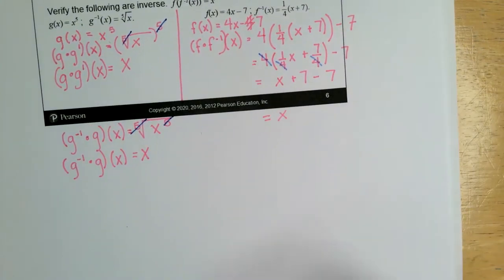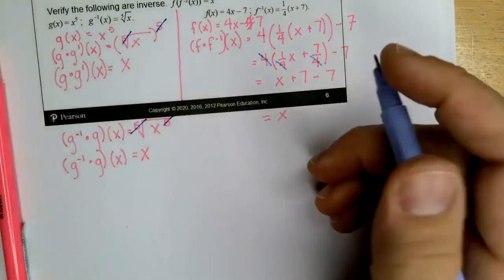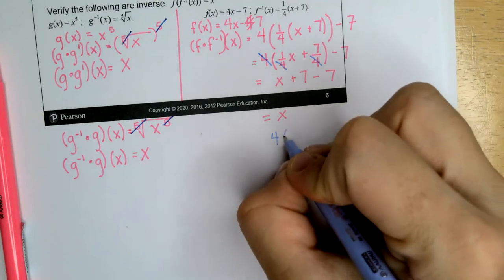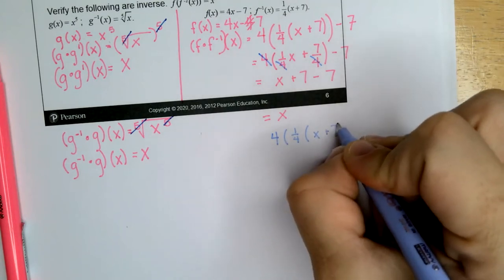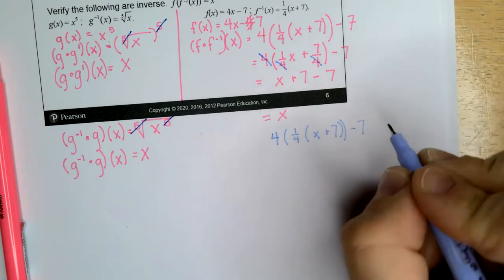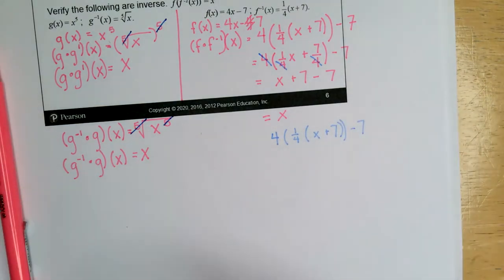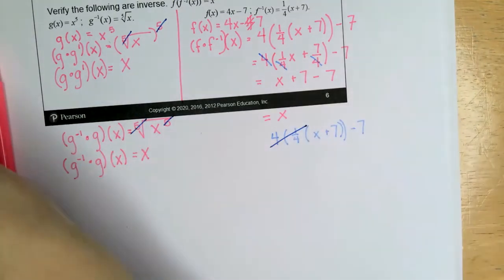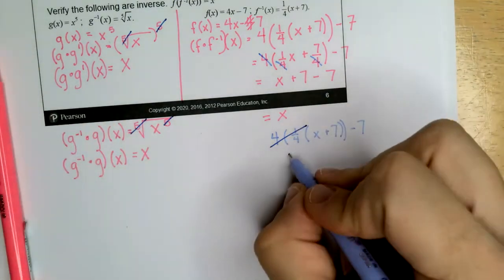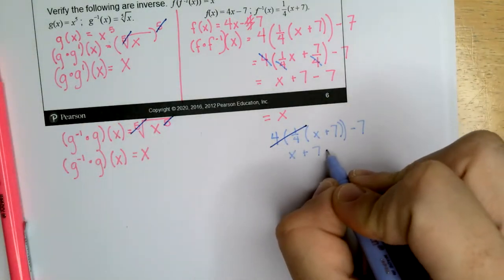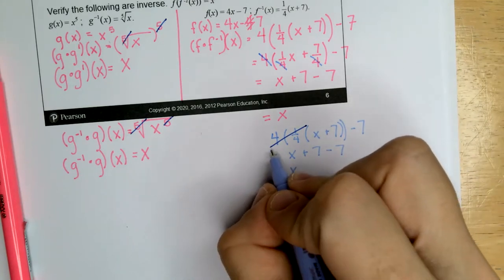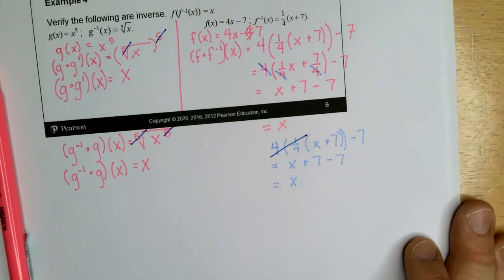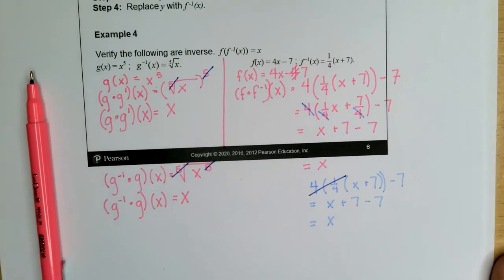Okay. Or when you're at that 4 times 1/4 x plus 7 minus 7, you can just immediately say these two cancel. I'm left with x plus 7 minus 7, or x. Either way, we've proven that that is the inverse of that.